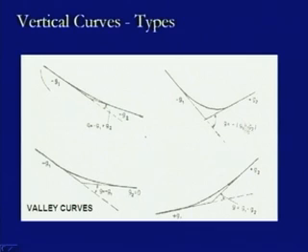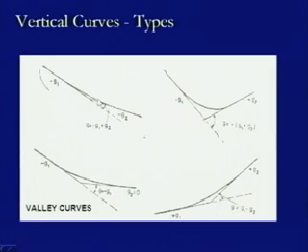Now, let us look at similar different conditions for the valley curves. In the case of the valley curve, they are mostly associated with the down gradients. Here we see that there is a down gradient which is again followed by a down gradient. So, this is minus g1 and this is minus g2, and they are meeting at this point. Therefore, we are trying to eliminate this kink by smoothing here, that is by providing a curve.